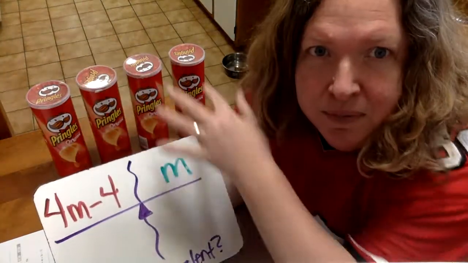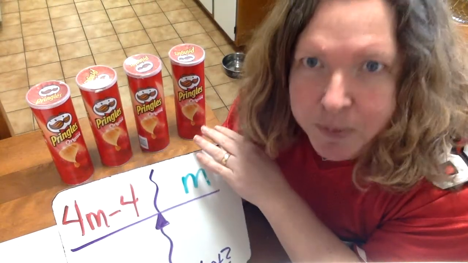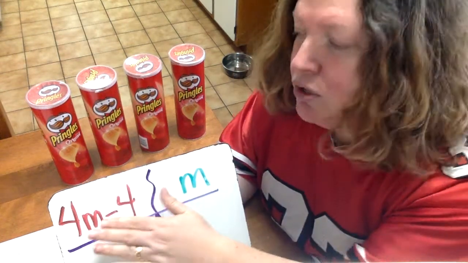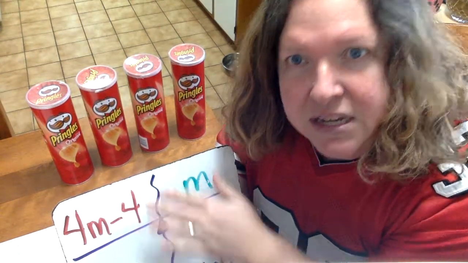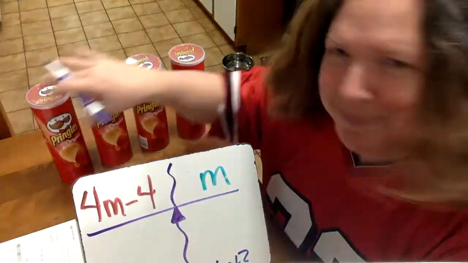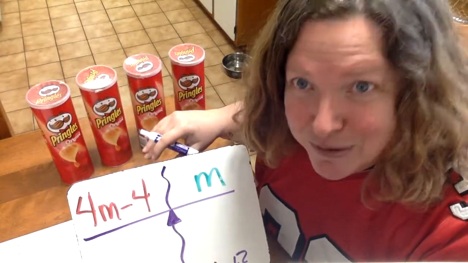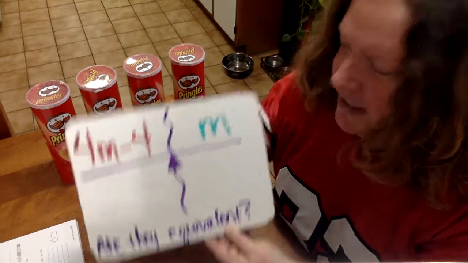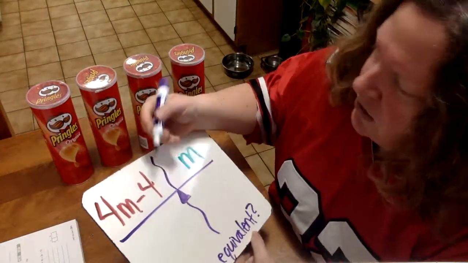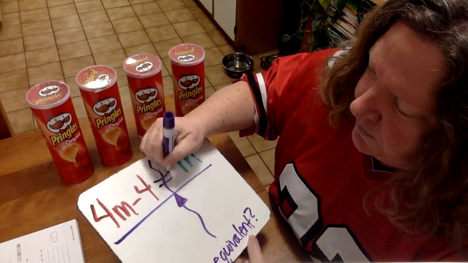When you act it out like this, it's super easy to tell that doesn't make sense at all. But if you just look at the numbers, it's really easy to get confused. So do what I do, model it out, act it out, use the strategy of acting it out, and you'll see, no, those aren't even close to being equivalent. So should we put an equal sign there?